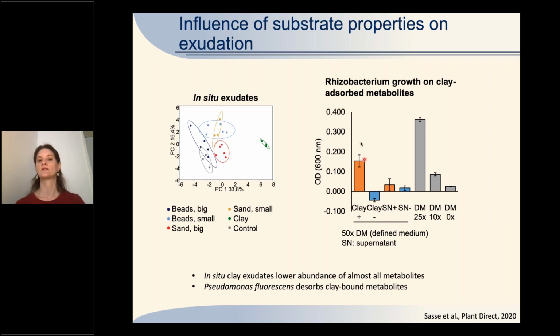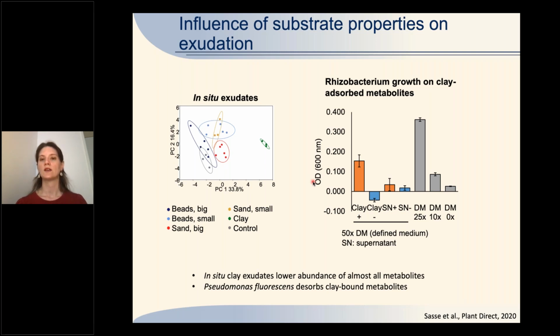The interesting point is the first bar graph here, which shows that rhizobacteria can actually use some of the metabolites that are bound to clay to grow. So that probably means that in a natural environment, where we have different components present in soil, such as clay and other types, maybe sand, organic matter, there are probably a lot of different niches depending on the structure of the soil where different microbes live.